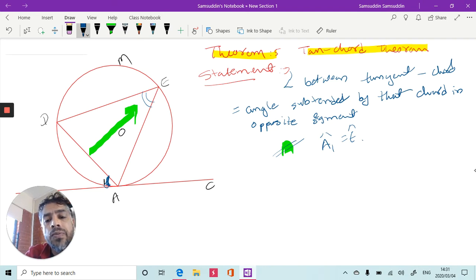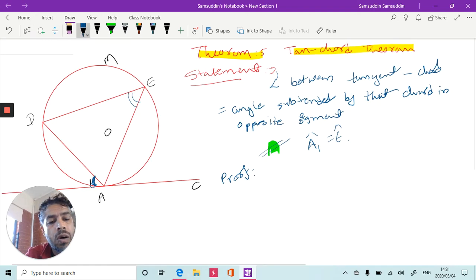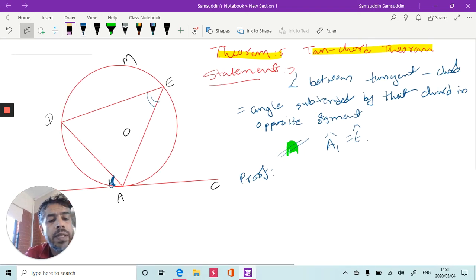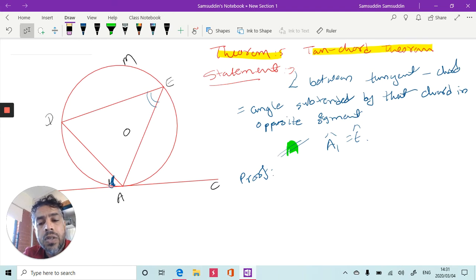Now, how do we prove it? The proof starts like this. Normally, in all our angle theorems, we start by constructing the radius.